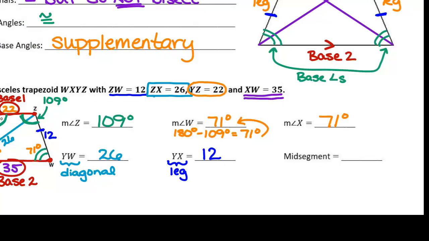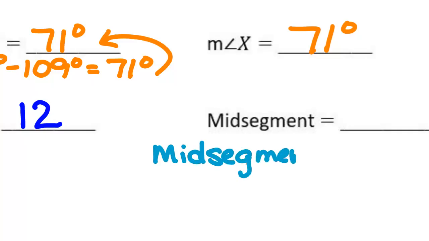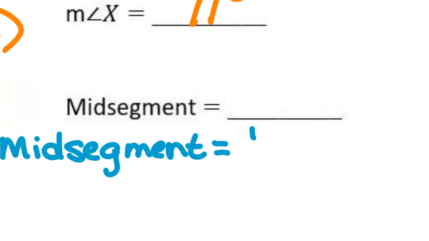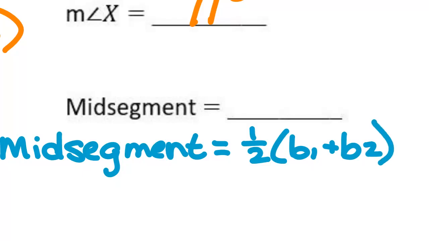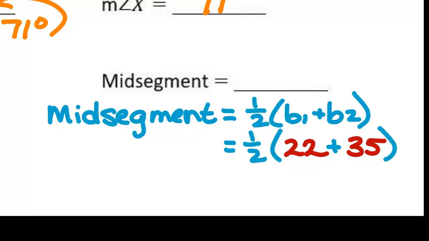All right, the last thing we need is the mid-segment. How do we find the mid-segment? Yes. Mid-segment is half of base 1 plus base 2. How big is base 1? 22. Plus base 2, how big is base 2? 35. So we need half of 22 plus 35. That would be half of what?